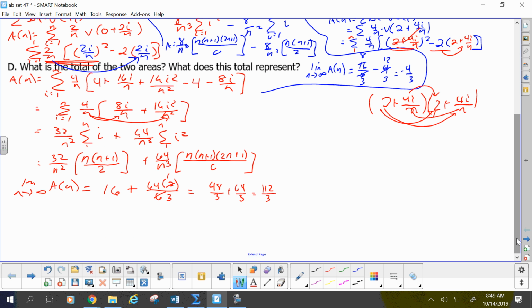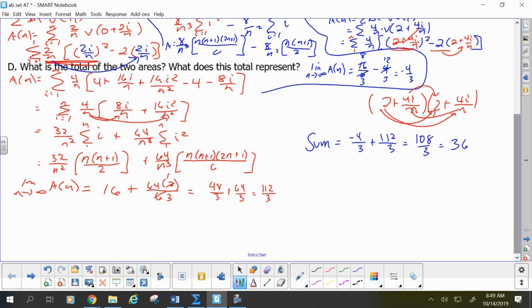What did I say the first area was? Negative 4/3, and the second area is 112/3. So isn't that 108/3? And 108/3 is, that's clean, right? 36. Okay, what does that represent?